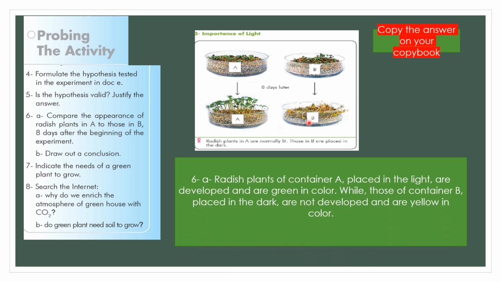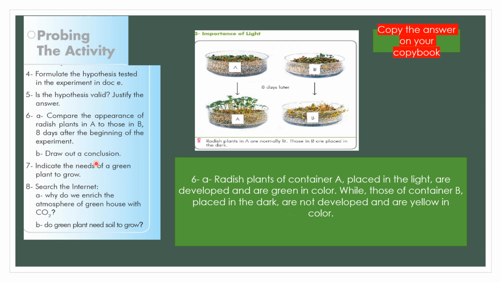So, as a comparison, we say radish plants of container A are placed in light, are developed and are green in color, while those of container B placed in the dark are not developed and they are yellow in color.